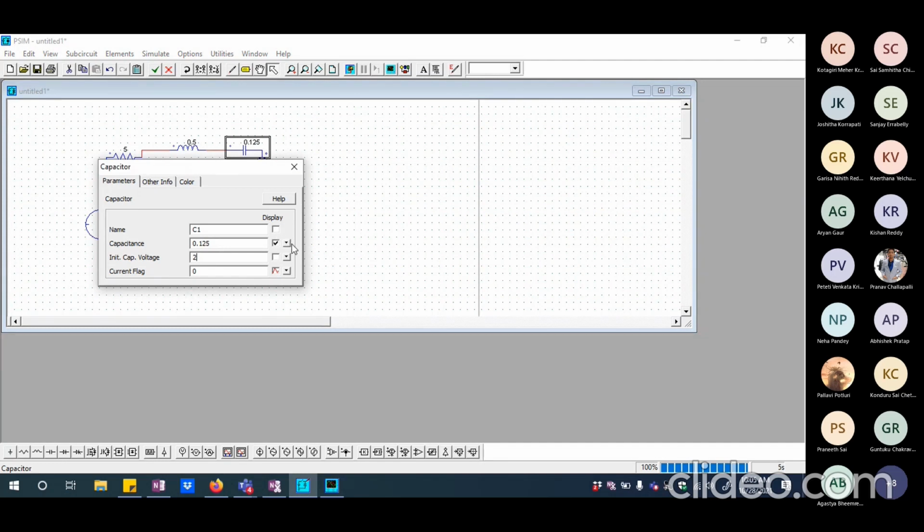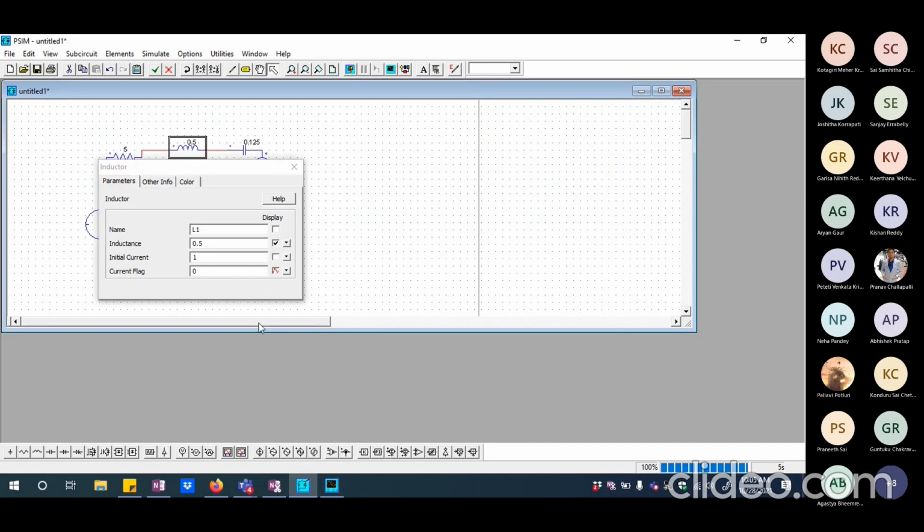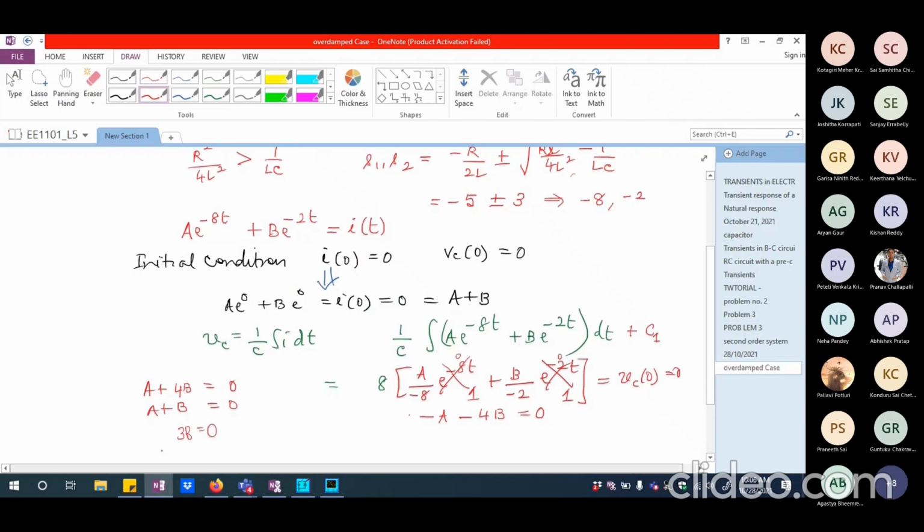So let's do one thing with this initial condition of 2 volts and 1 ampere. Let's try to solve this with an initial condition of 1 ampere and 2 volts. So I'm going to say I of 0 is 1 and VC of 0 is 2 volts.